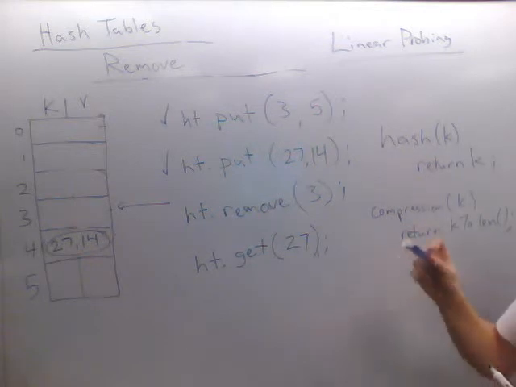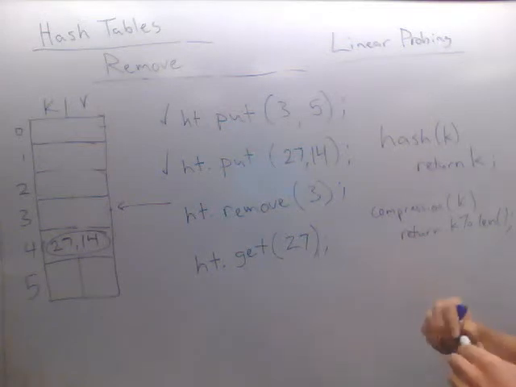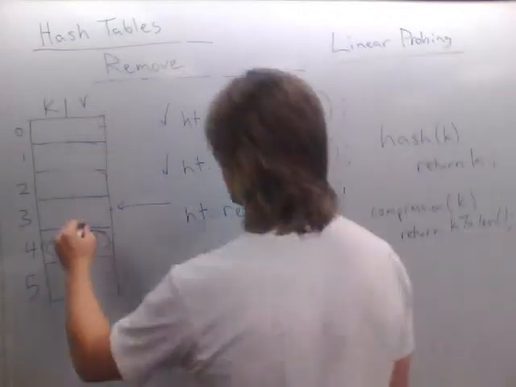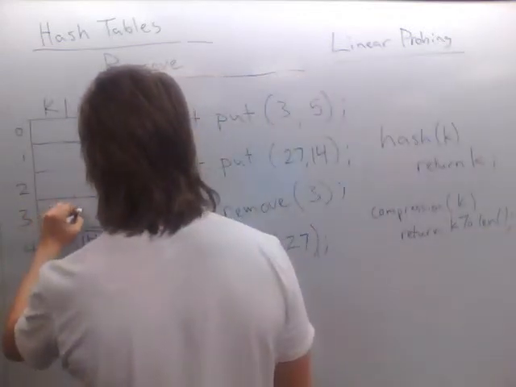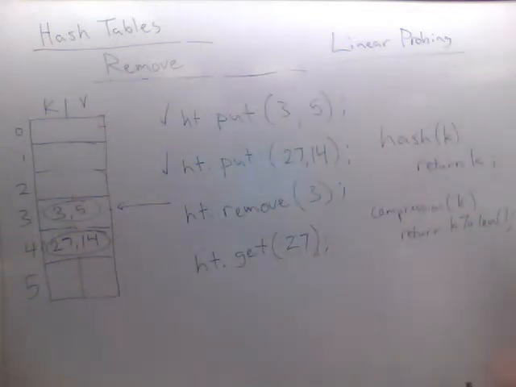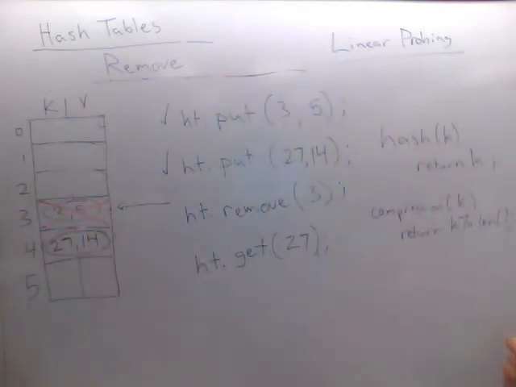So removing, you have to be careful. You don't actually ever remove from a hash table. You mark it as invalid. So when we removed 3, this was 3, 5. What we're going to do is, instead of removing it from the hash table, mark this as invalid.